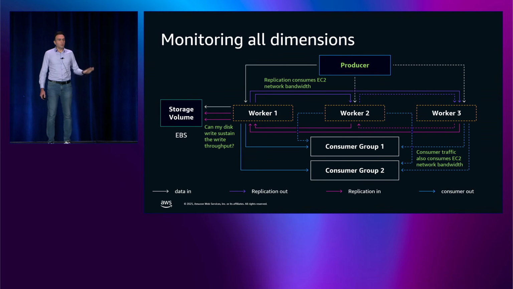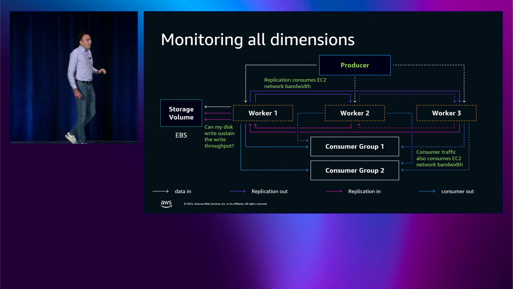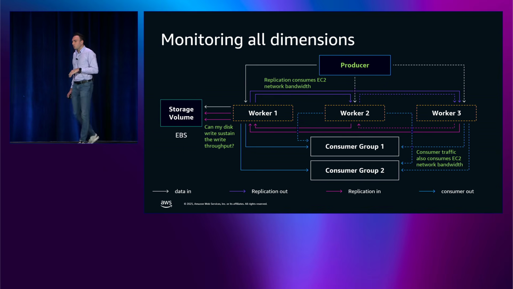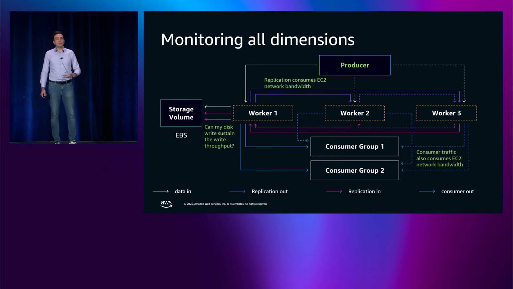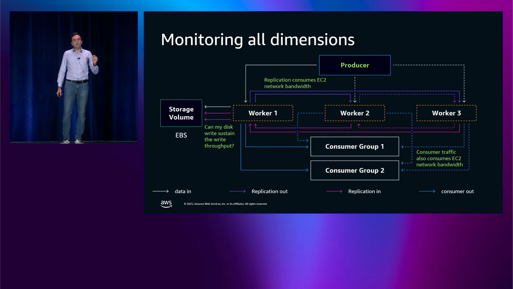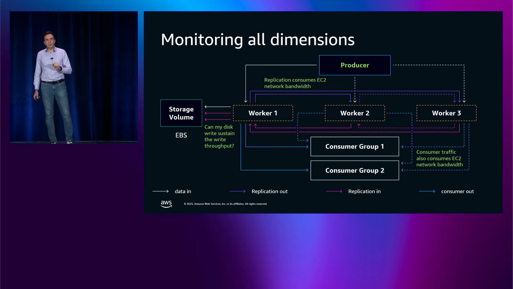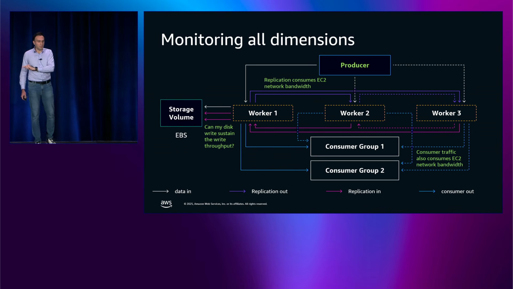Kinesis data stream will continuously monitor all aspects of the backend nodes. If you add another consumer with other streaming storages, you need capacity planning all over again. Because you need to make sure there is enough network throughput and disk throughput to sustain the throughput that is coming in, and still have buffer for all the background operations, and also have enough capacity for an additional consumer to read the same data.